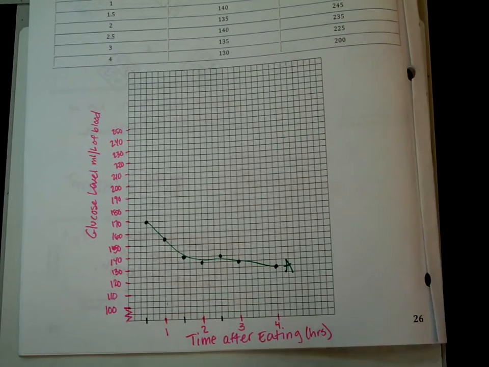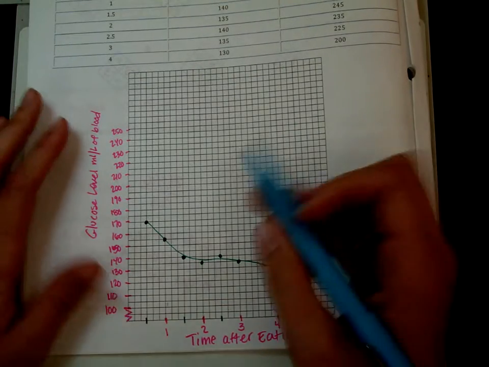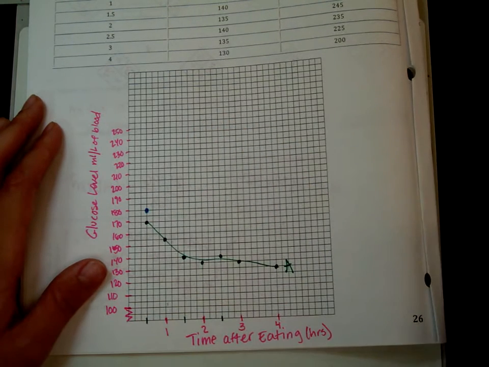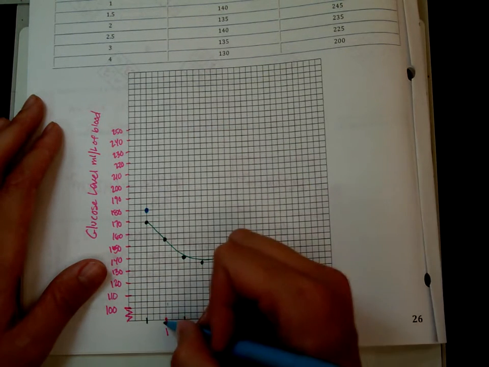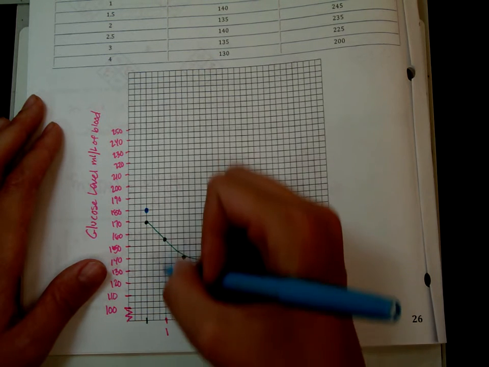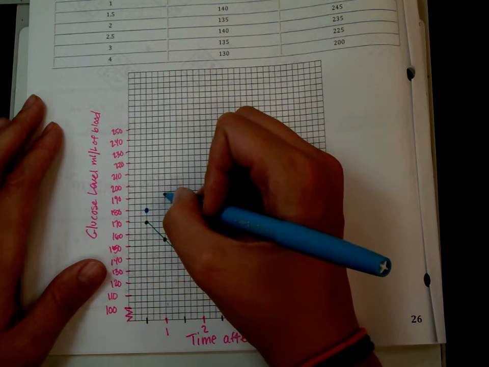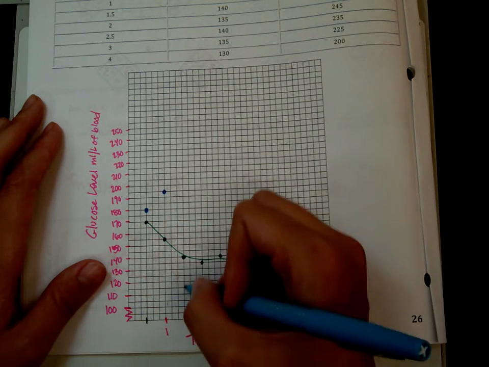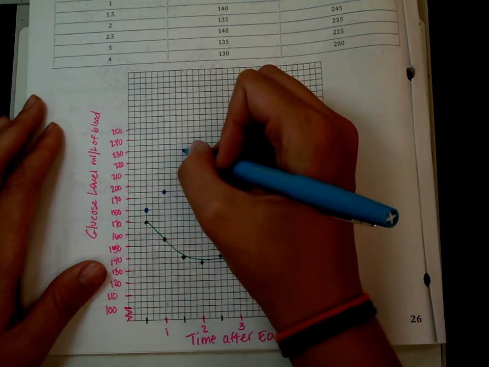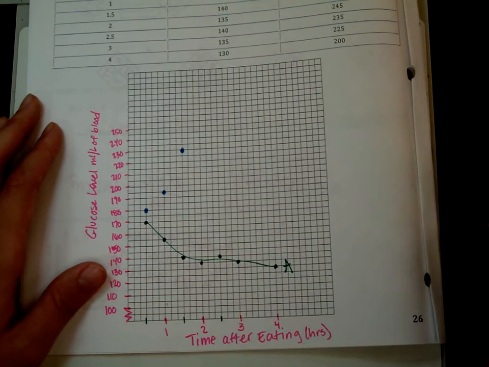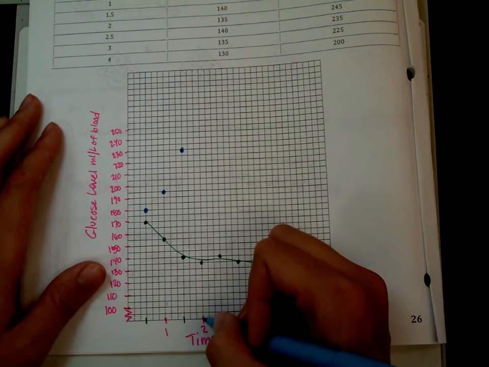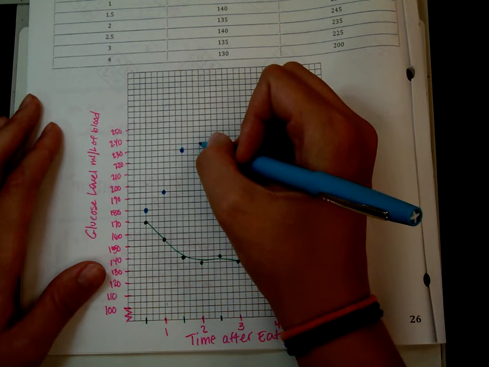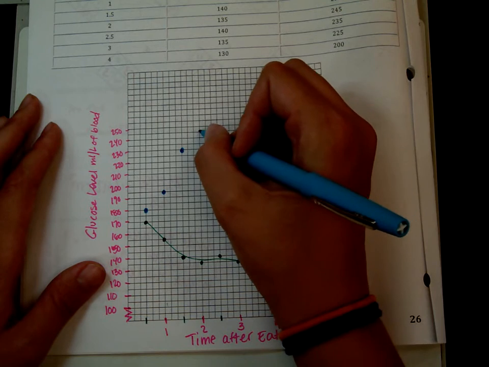Person B, let's see, at 0.5 hours, their blood sugar is 180. At 1 hour, it's 195. At 1.5, it's 230. At 2 hours, it's 245.